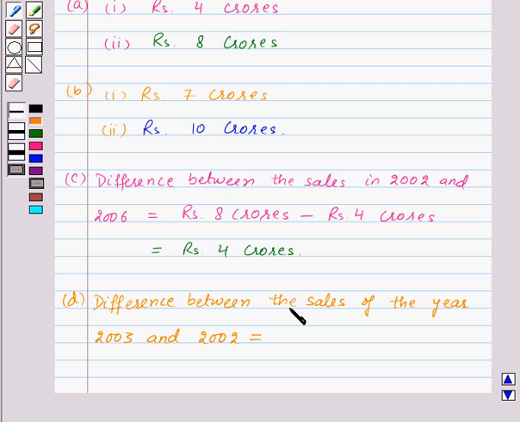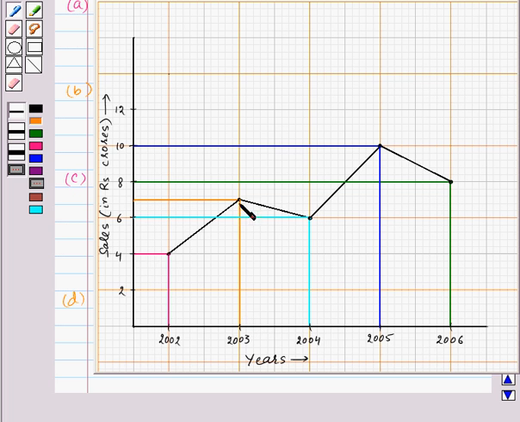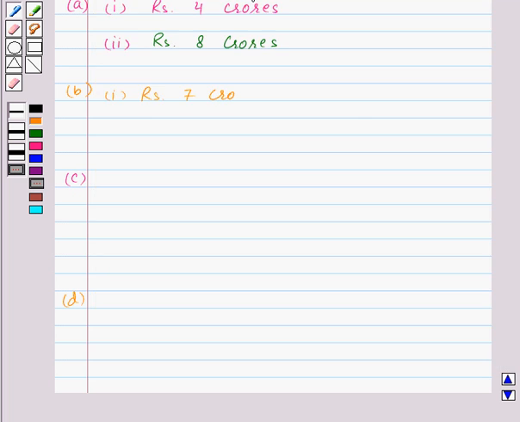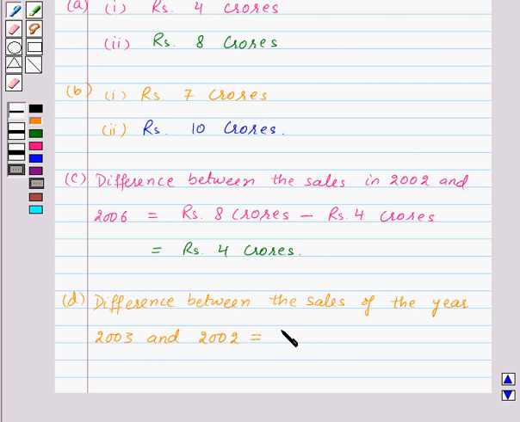So, difference between the sales of the year 2003 and 2002 will be equal to rupees 7 crores minus rupees 4 crores, as the sales in year 2003 were rupees 7 crores and the sales in the year 2002 were rupees 4 crores. So here we will write rupees 7 minus 4 crores. That is equal to rupees 3 crores.